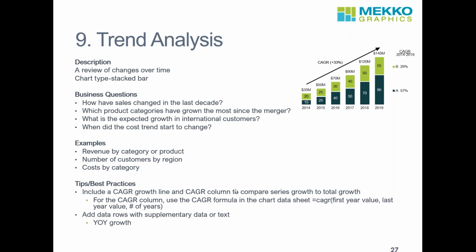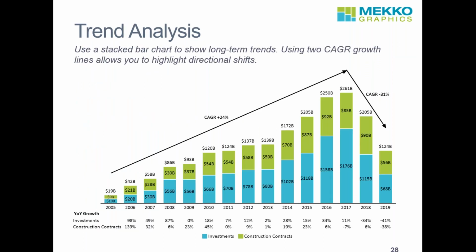And I'll typically do the trend analysis in a stacked bar chart like this one. And you can see here in this stacked bar chart, I'm adding growth lines. In this case, we've got a very strong change between 2017 and 2018.